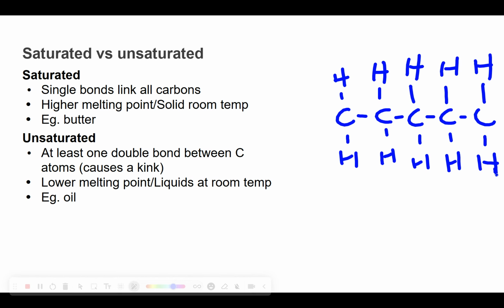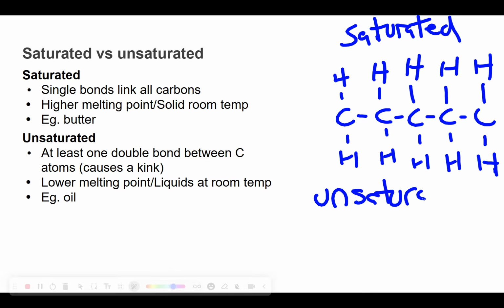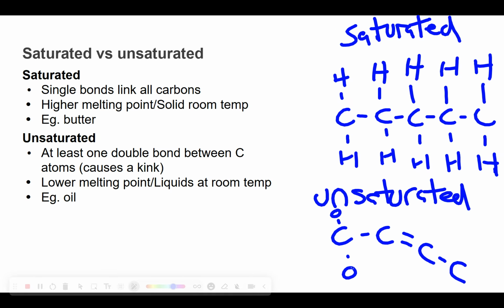If you have an unsaturated, so this is saturated. If you have an unsaturated fatty acid tail, that means that there are places where the carbon is double bonded to another carbon, and that creates like little kinks in the tail.